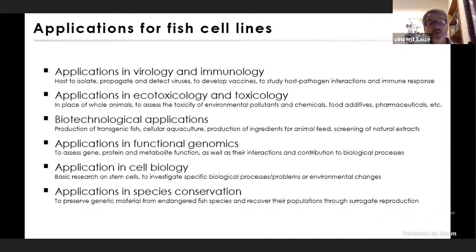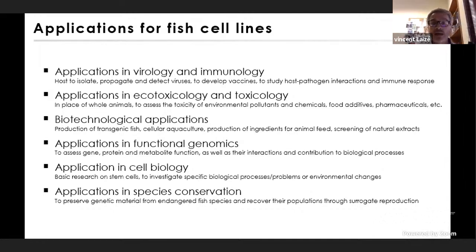Applications in functional genomics. What is functional genomics? Functional genomics is a set of molecular techniques that are used to assess gene, protein, or metabolite function. Fish cell lines are very important for functional genomics because, especially now with the development of the CRISPR-Cas9 methodology, it's very easy to genetically modify fish cell lines.